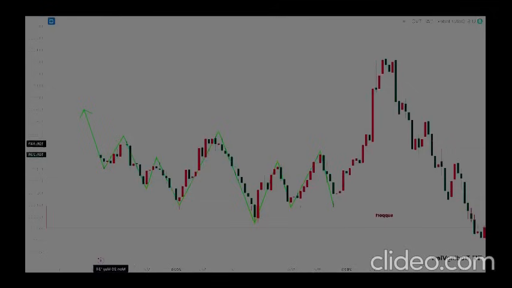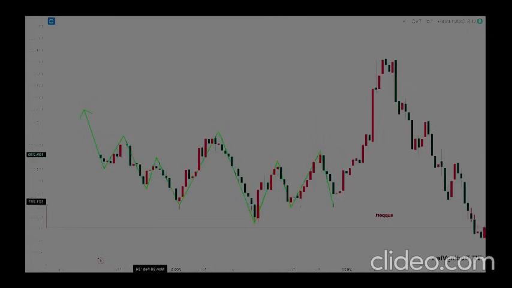So I think that we expect a push up like this, a single drop like this, a single drop made after the break of this market structure.